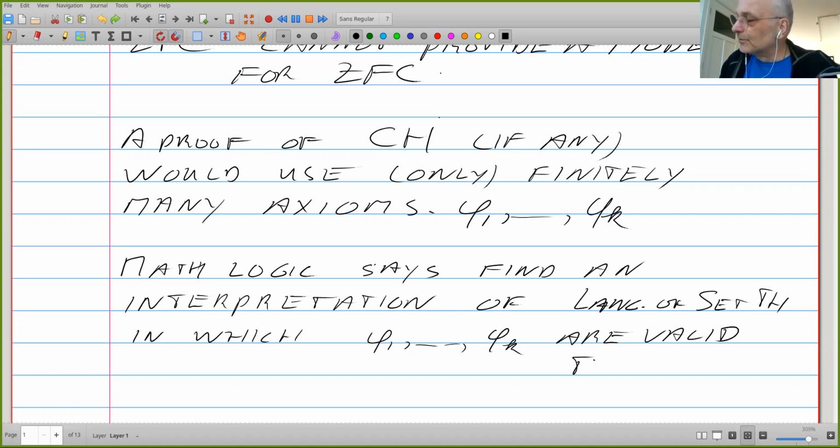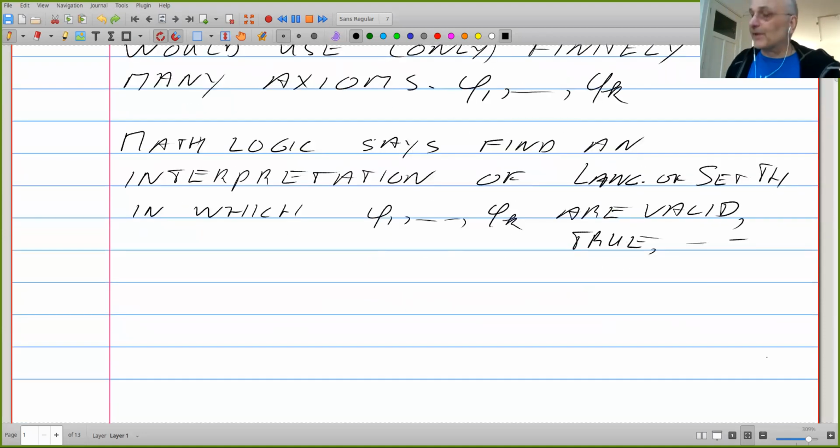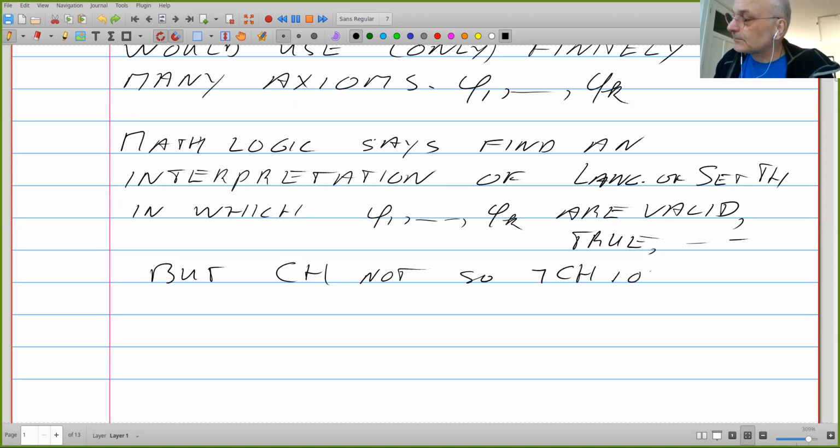Some people say true. Well, you can use other verbs that say the same thing, but CH not. If you're looking in a structure, if a formula doesn't hold, then its negation holds. CH is a closed formula, and if a closed formula does not hold, then its negation holds in the structure. So that's all we need to do.